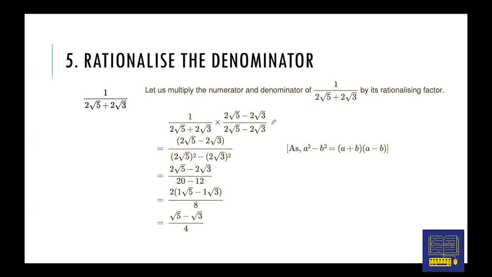It gives us a square minus b square. Anything multiplied by 1 is the number itself. Now, once this number is simplified, we take out 2 common. We divide both the numerator and denominator by 2, and this is what we arrive at. So just go through this sum and make sure that the concept is clear.